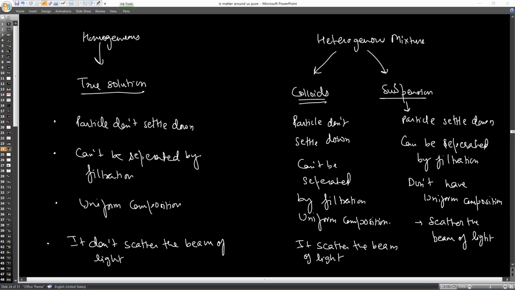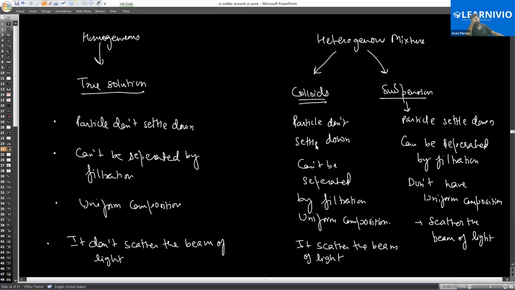Note down that the true solution particles are so small that they can even pass through filter paper. The particles of colloids are also small, so small that they are not visible with the naked eye, and they can also pass through filter paper. Are you getting my point?